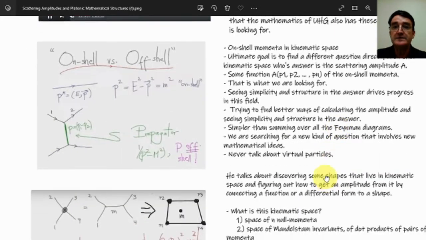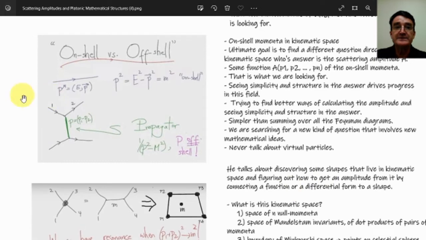Okay, so we're talking about scattering amplitudes in particle physics, where you have two particles in and two particles out, and they scatter off each other. In this business of scattering amplitudes, they talk about on-shell versus off-shell particles.